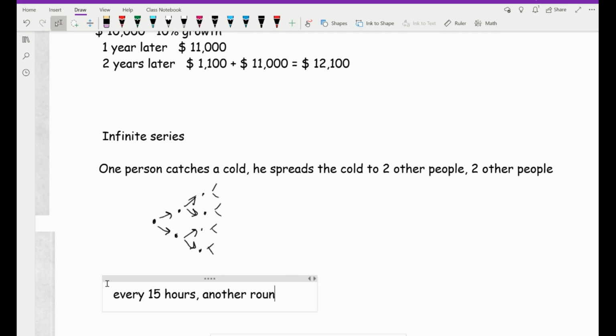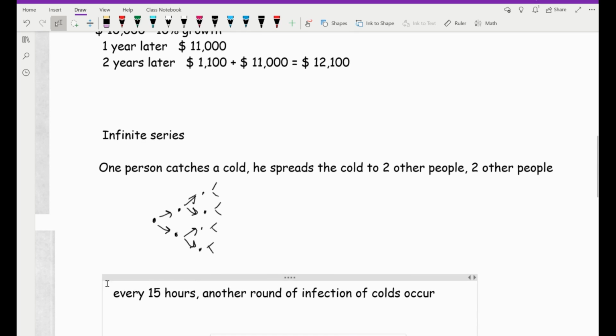So another round of infection occurs. And I may ask, say after 60 hours, how many people will have a cold?